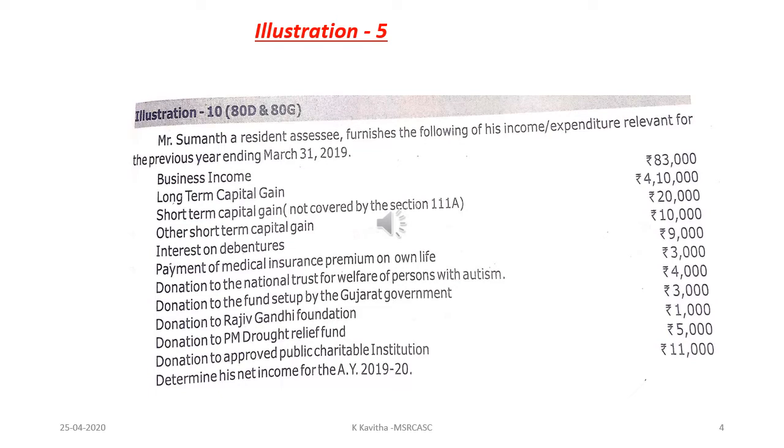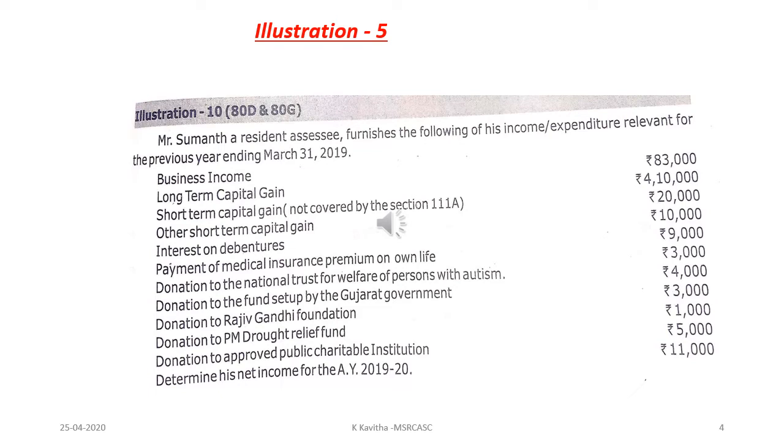Suppose if it is the reverse, like in the bracket if they give covered under section 111A, it means this has to be excluded while adding gross total income, and we have to charge a 15% flat rate on this amount. But here it is not covered under section 111A, so it is included in gross total income.